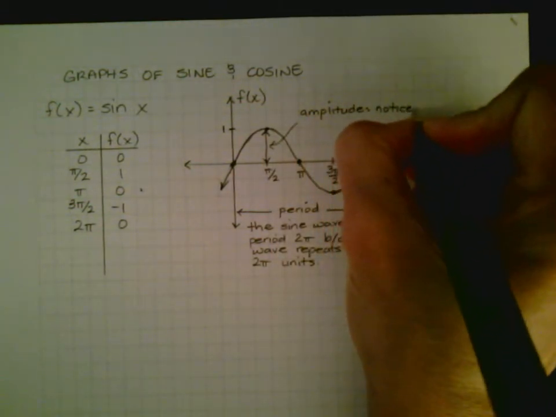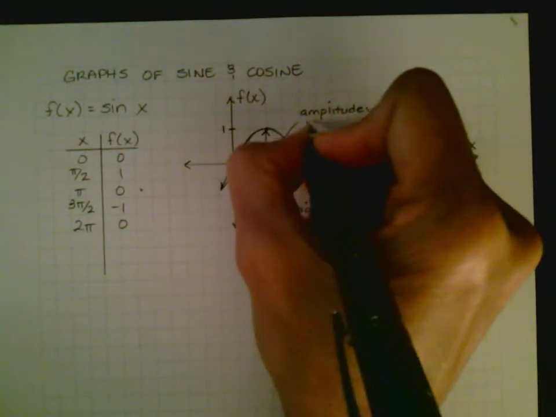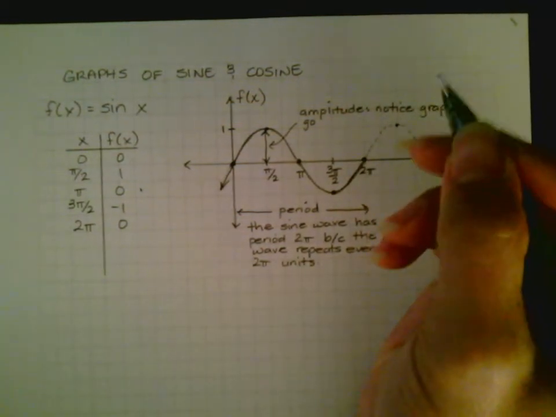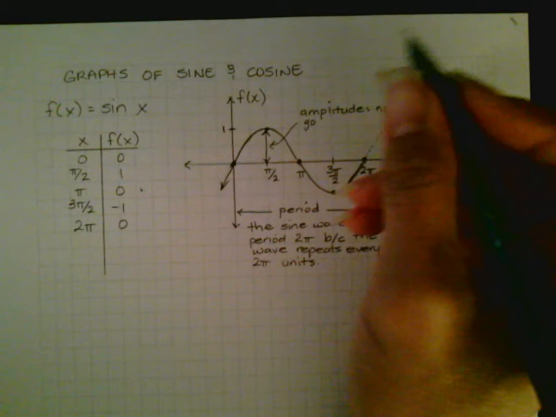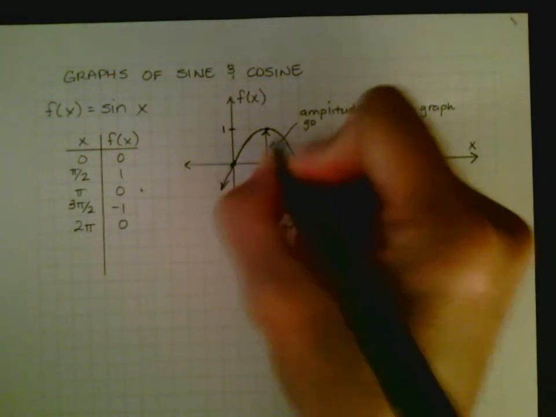Here I want you to notice that the graph goes up 1 unit from the midline to the top, and 1 unit down from the middle of the graph down. That's known as our amplitude.